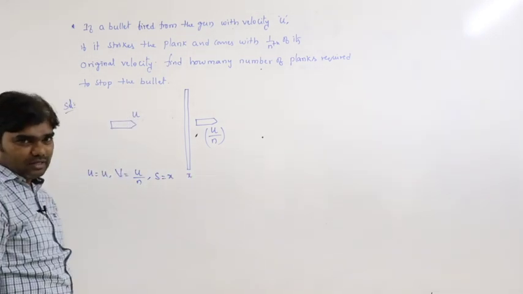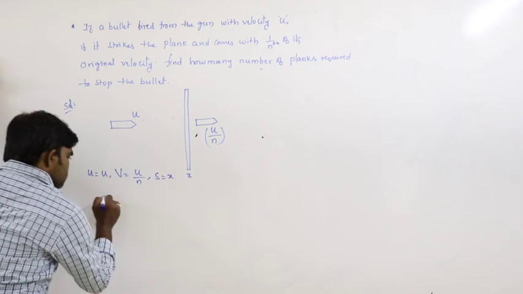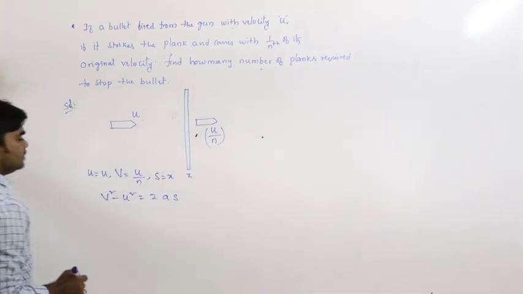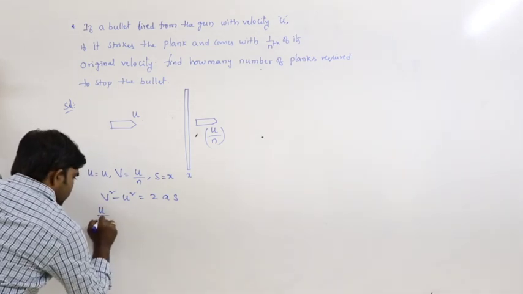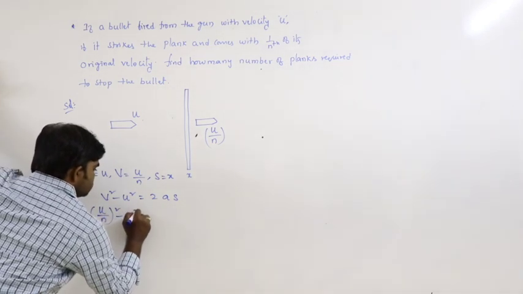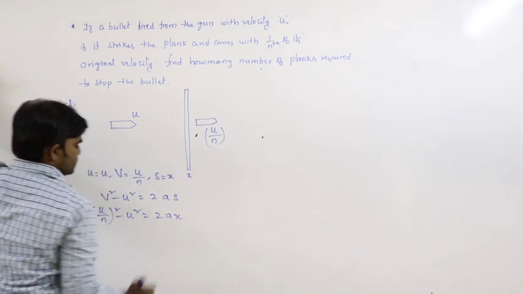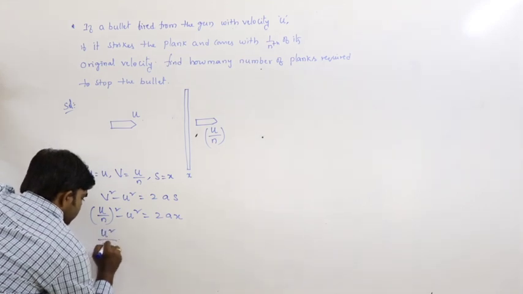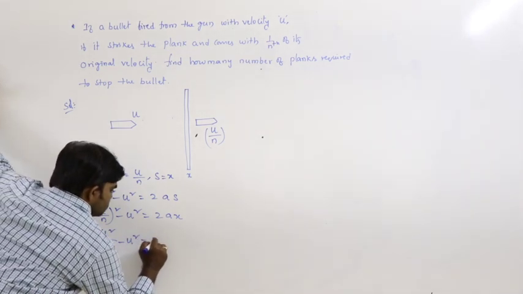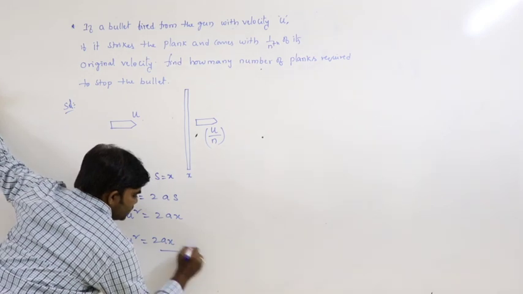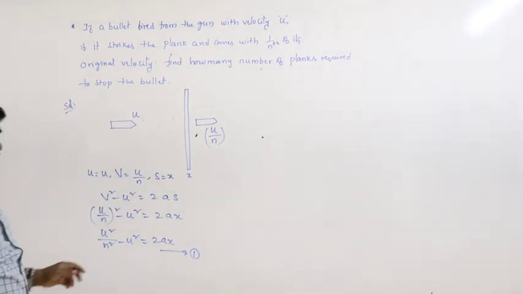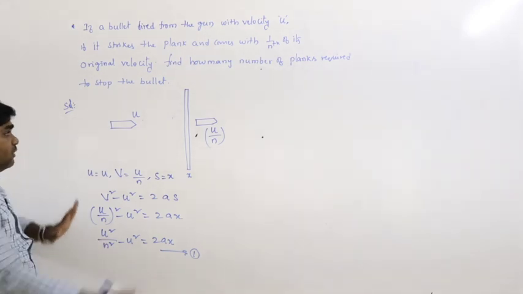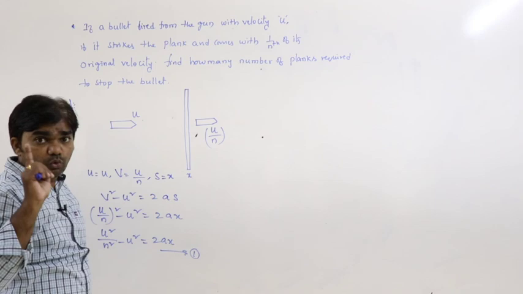From the equation v square minus u square equals 2as: u by n whole square minus u square equals 2ax. So u square by n square minus u square equals 2ax. Let us say it is equation 1. Here we are calculating for only one plank.